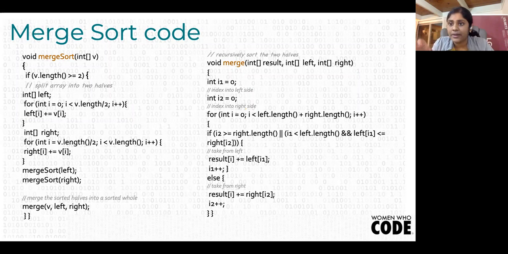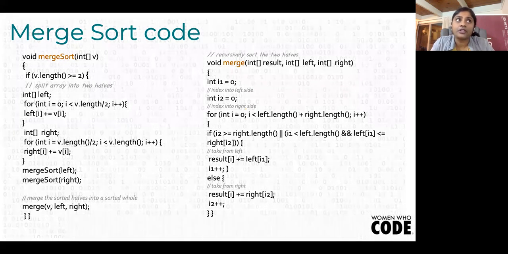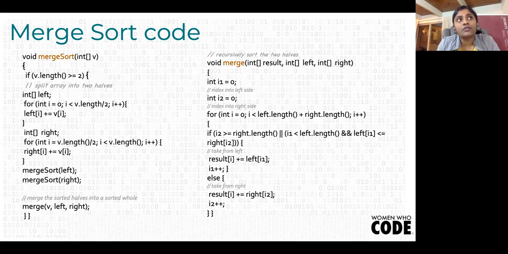If there is only 1 element left, then it's already split. So if the length is greater than or equal to 2, then we have 2 arrays, left and right. This left array will hold, from the original array, the elements from index 0 to length by 2. What that means is the first half of the array. So starting from index 0 to that index, you keep adding elements from the original array to the left array.